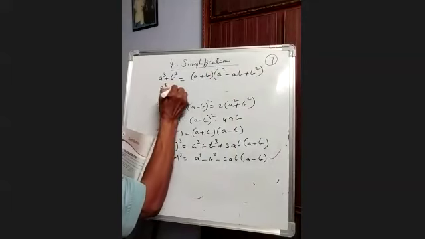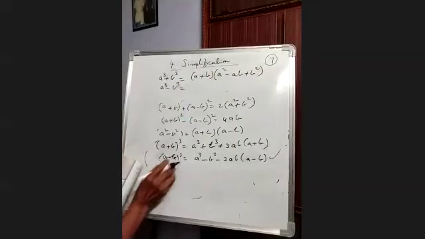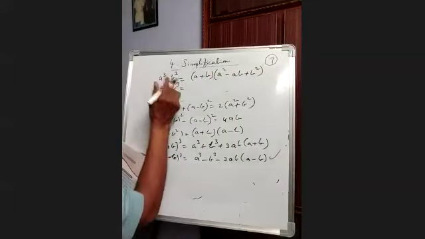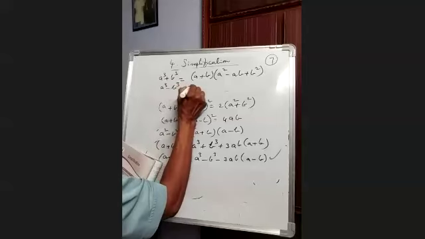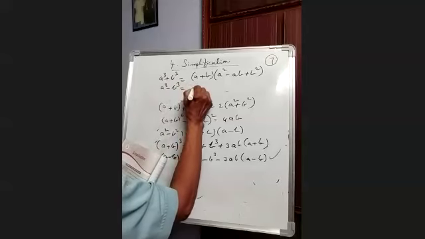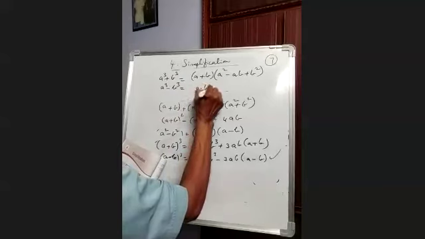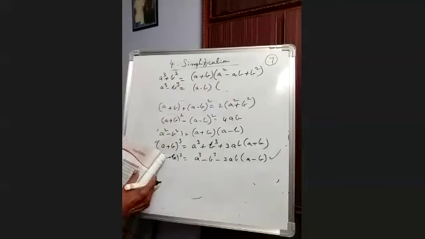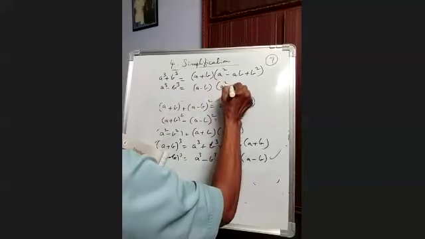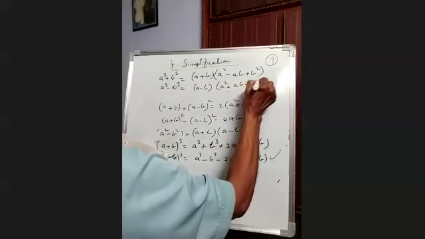A cube minus B cube is equal to A minus B into A square plus AB plus B square.